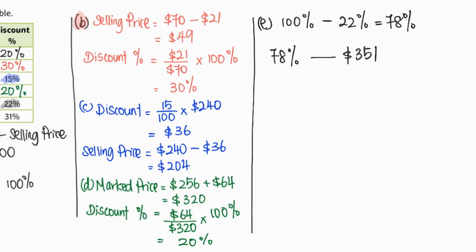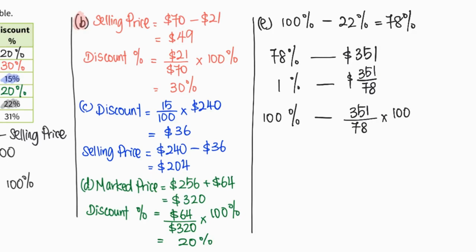Therefore, 351 over 78. I must first find my mark price, which is 100%. So it's 351 over 78 times 100%. This will give me $450.